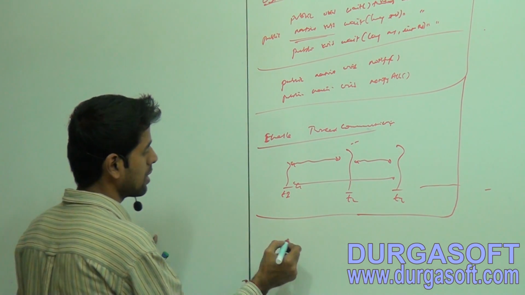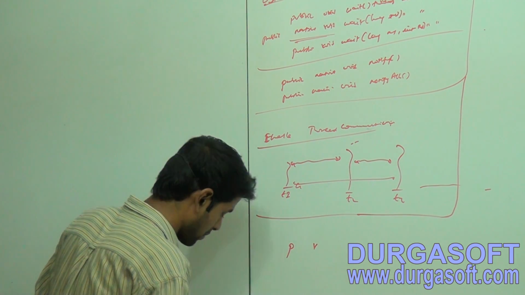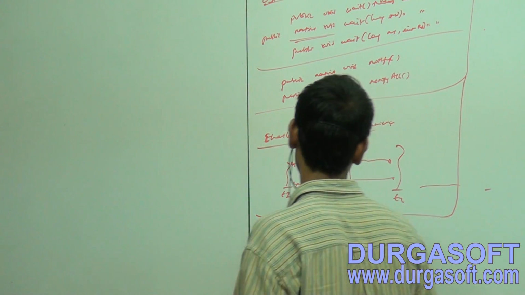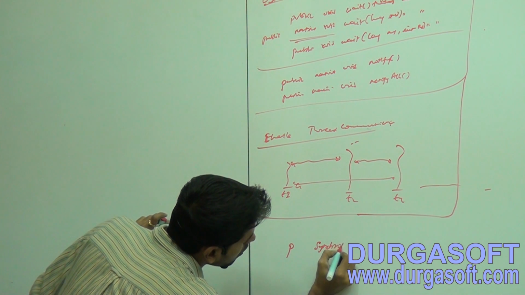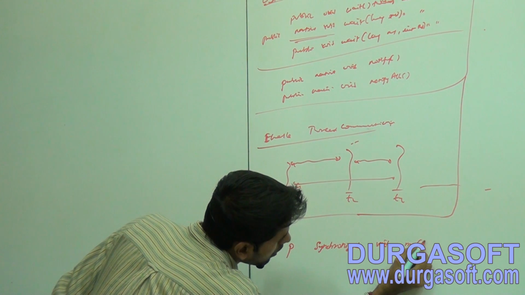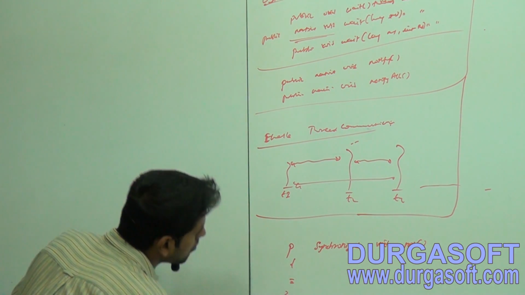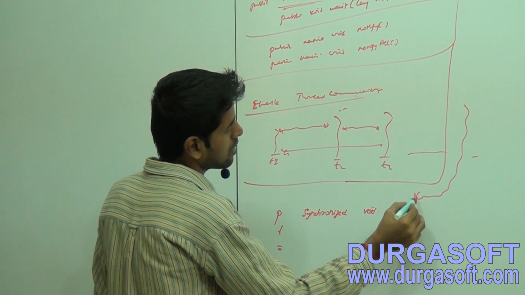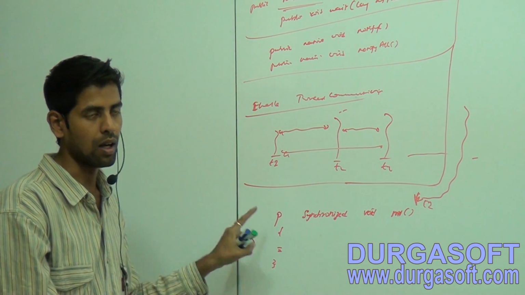Take public synchronized void m1, a method with some implementation, and think that there is one thread that wants to execute this method.